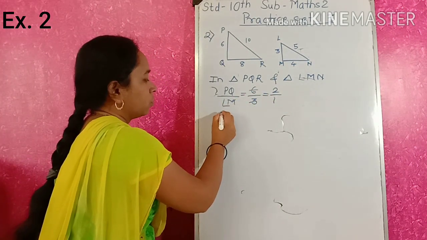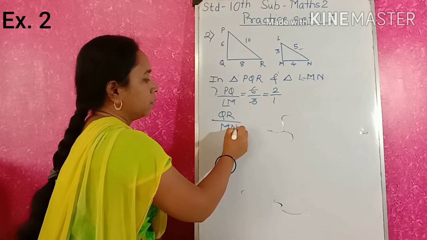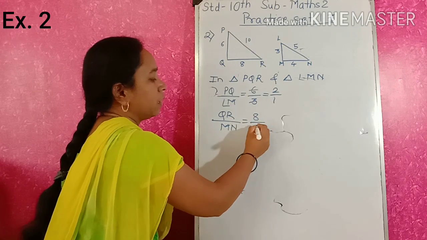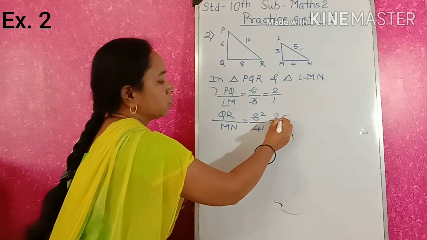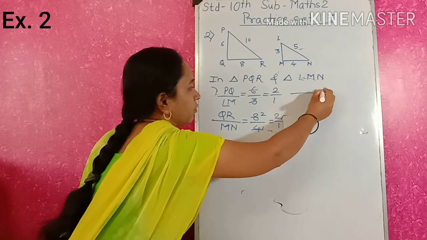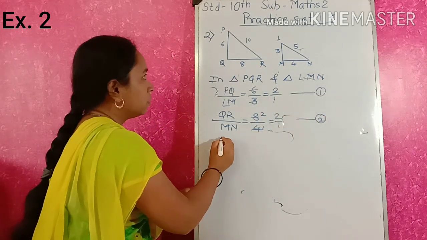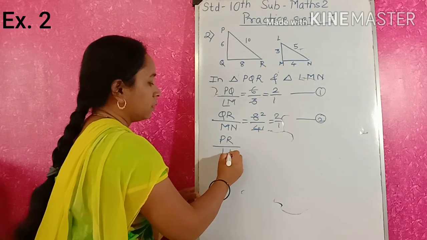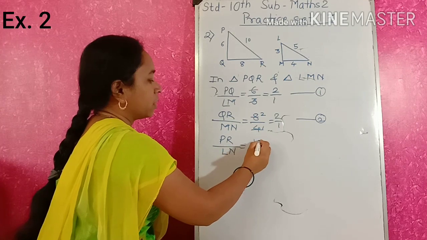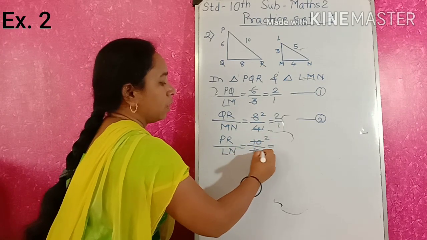Next side's ratio will be QR upon MN. QR is 8 and here it is 4. If you reduce it, you will get 2 upon 1. This is my second ratio. Now the third, PR upon LN. PR is 10 and here it is 5. So again 2 upon 1.